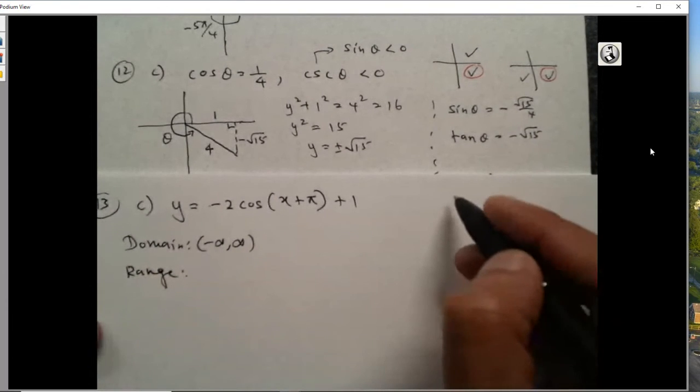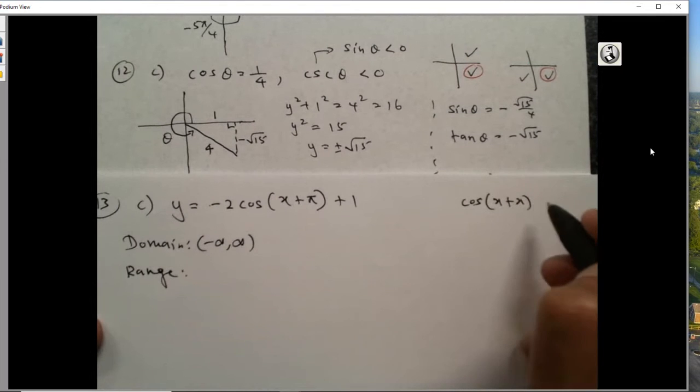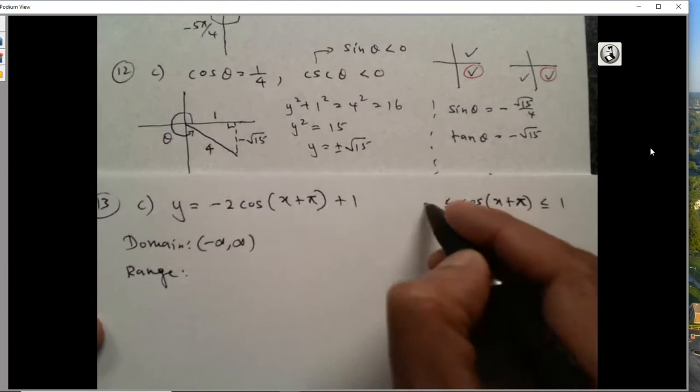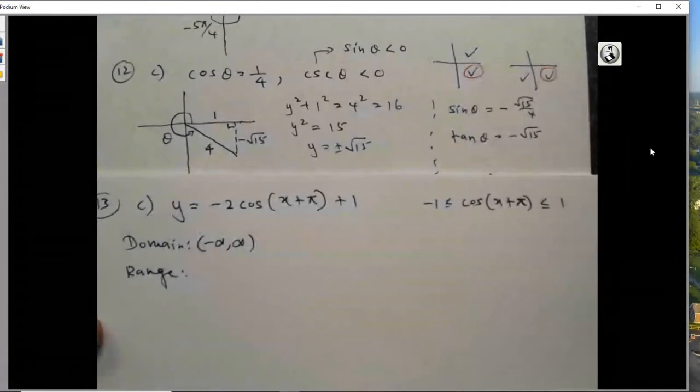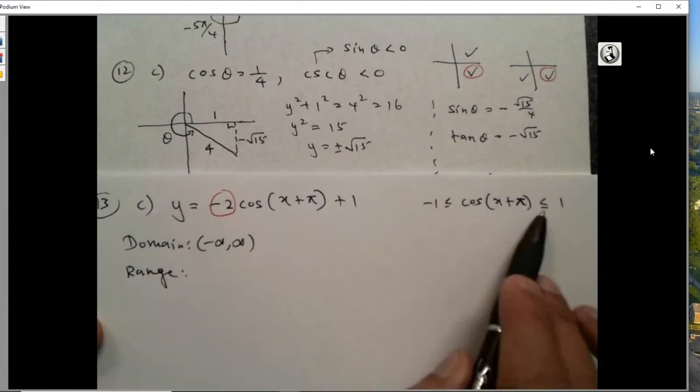For the shortcut, we know that the cosine function with any x inside, here x plus pi, is between 1 and negative 1. That we know. Then we're going to multiply by negative 2. When you multiply by negative 2, this side becomes 2, this side becomes negative 2, and you also flip the sign.